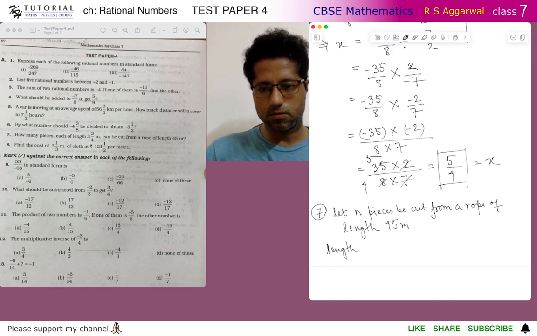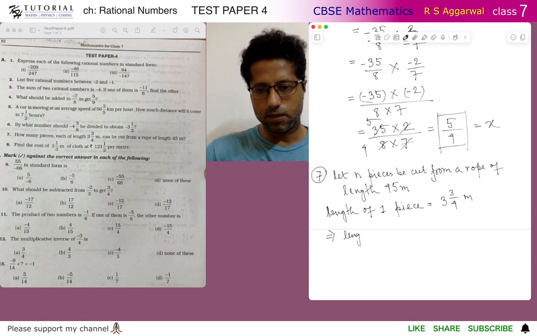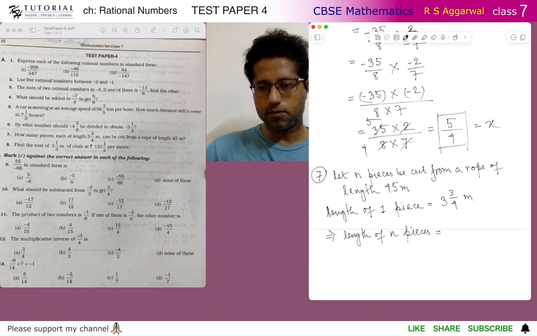So this is the assumption, and we know that the length of one piece is given as 3 and 3 by 4 meter. So the length of the n pieces that we have assumed will be 3 and 3 by 4 multiplied by n meter.